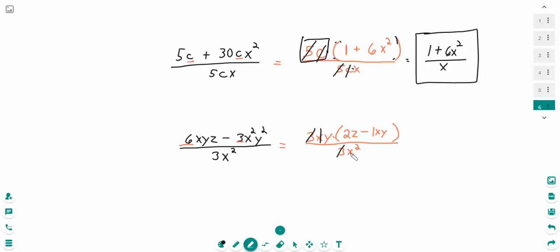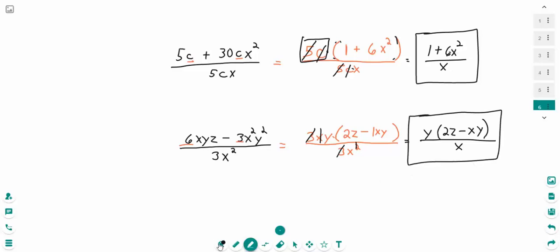Not both, but one of them. So this would just become x to the 1. So I'll just cross out this 2. We still have 1x left over, right? And that would mean that our final answer here is going to be the y times the 2z minus the xy all over just an x. That's all that we have left. All right? And that would be our solution.